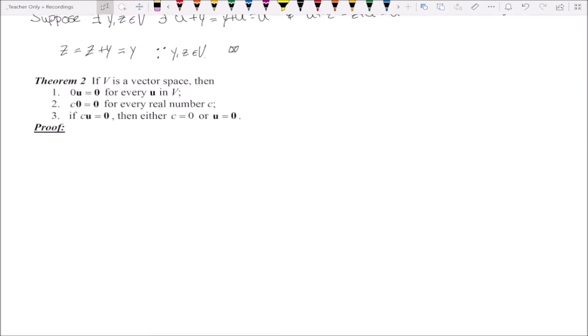All right, so to prove the first statement, for all u in V, we're allowed to write u is equal to 1 times u. But this is 1 plus 0 times u. Right? And then because it's a vector space, we can write 1u plus 0u.